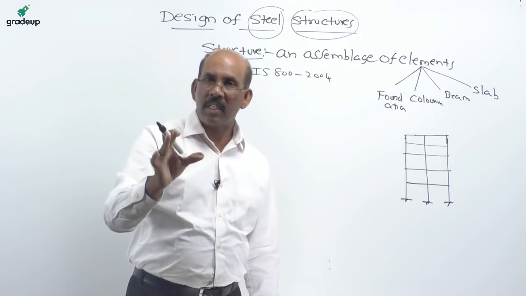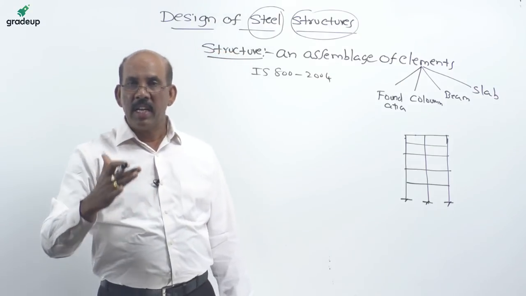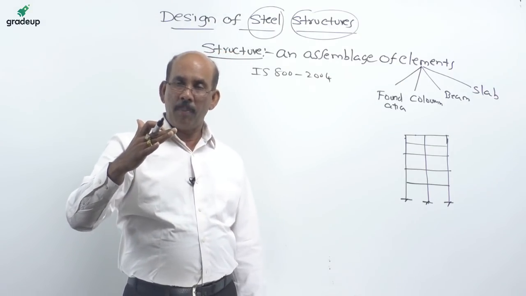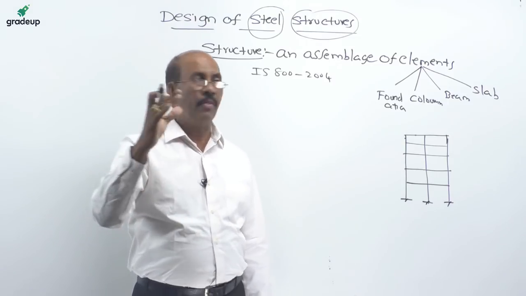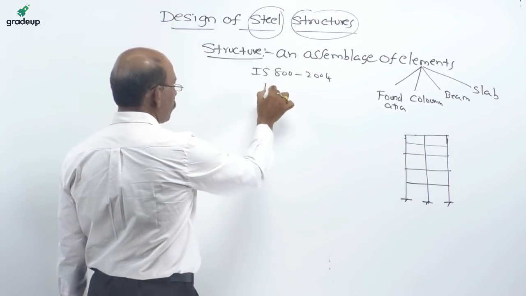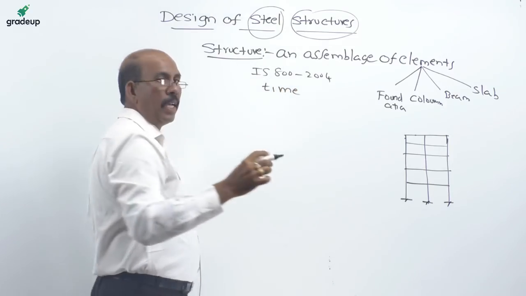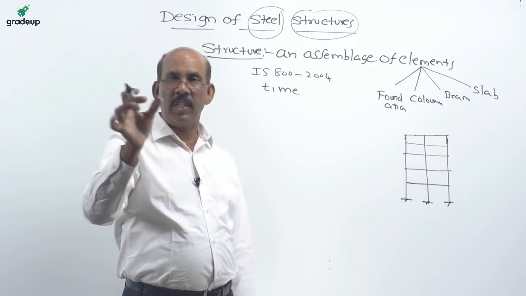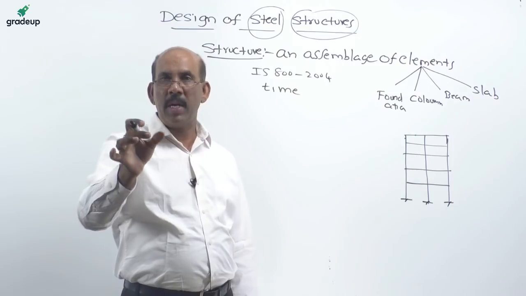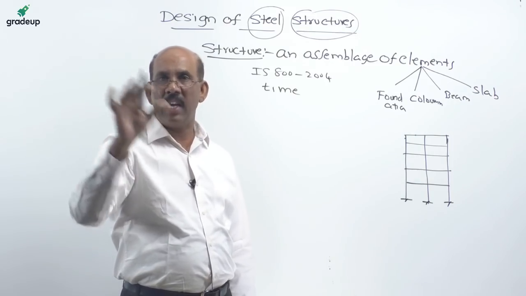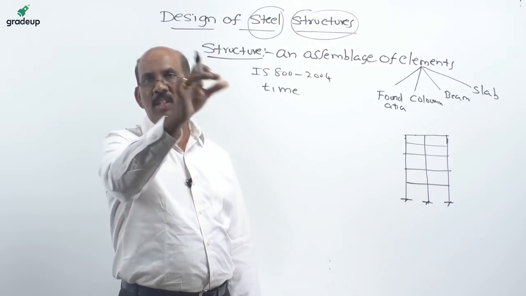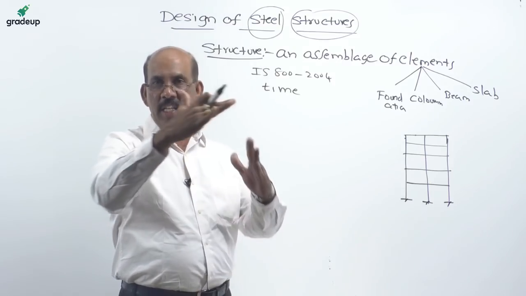Steel structures are very popular nowadays compared with RCC structures because of the time saving. The time saving here means construction is very fast, since everything is designed and the elements are manufactured, and then just assembled or joined.